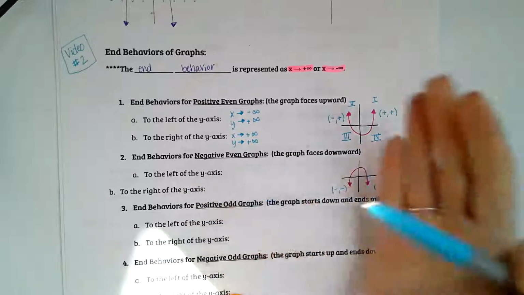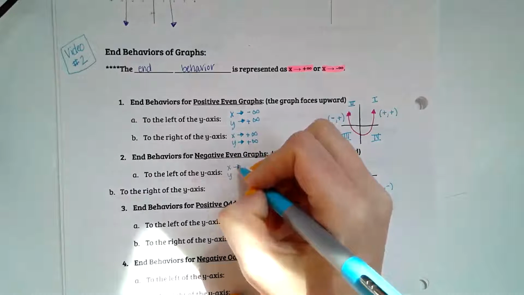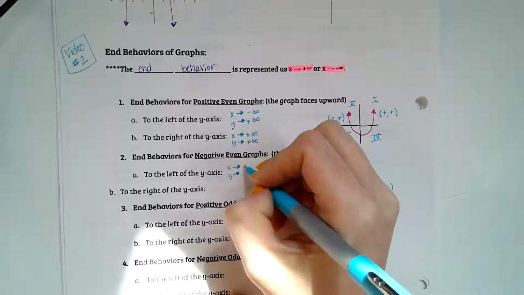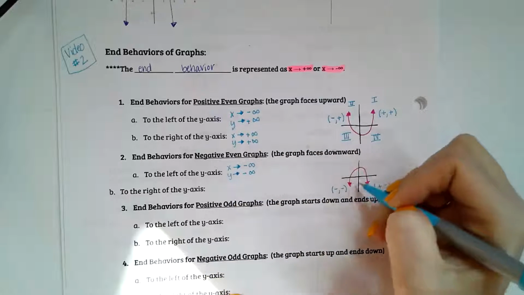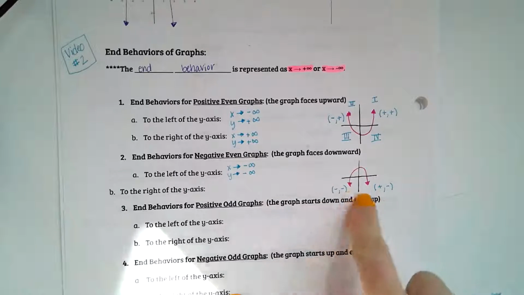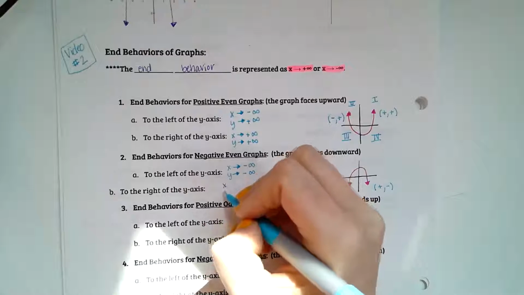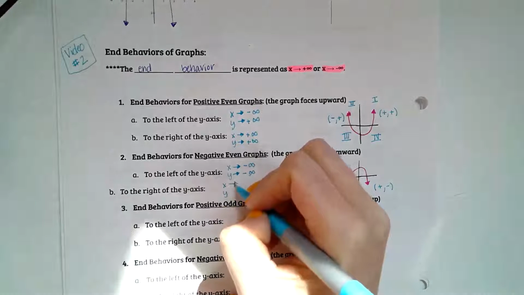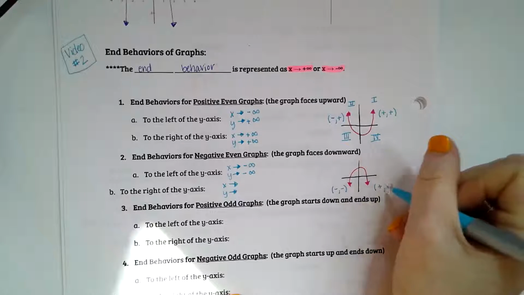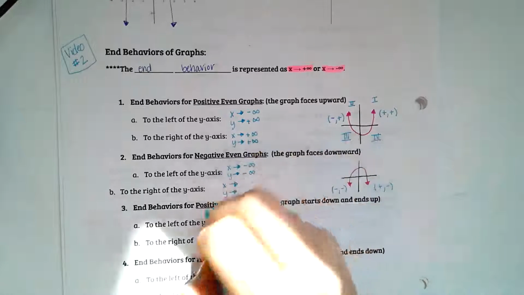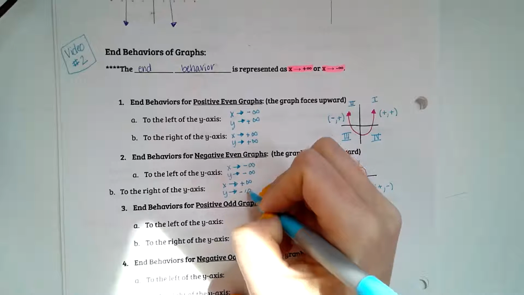So to the left, both x and y are towards negative infinity. And it's infinity because of these arrows. They keep going. They don't stop at those two points. And then on the right side, my x is positive infinity and the y is negative infinity.